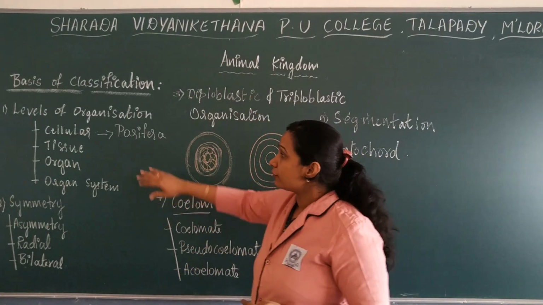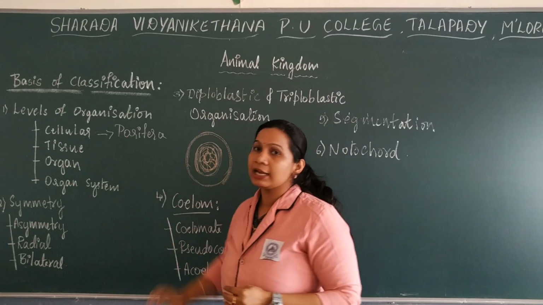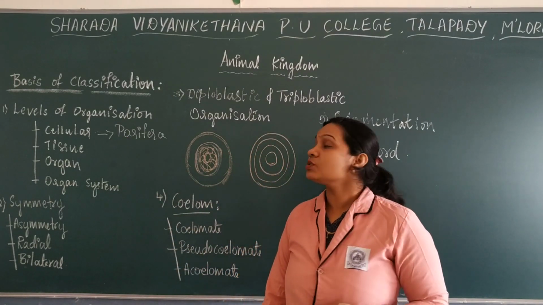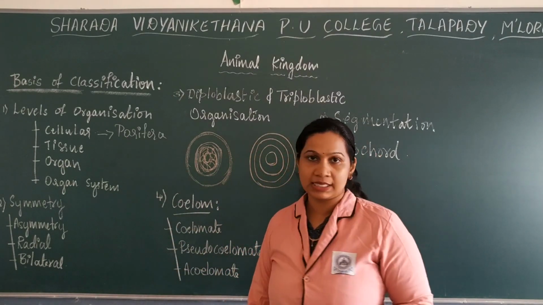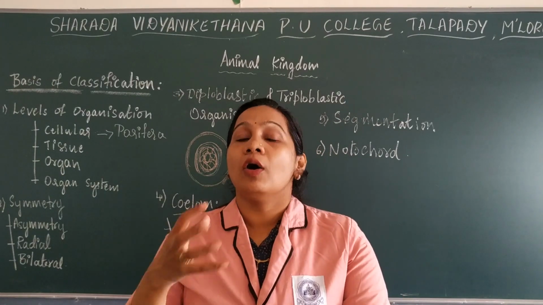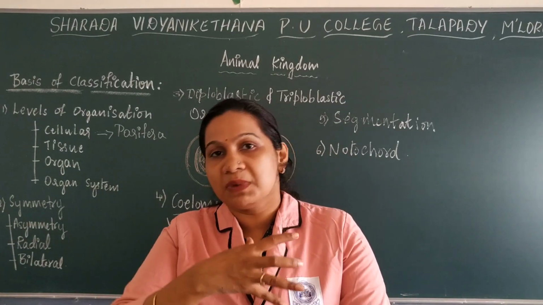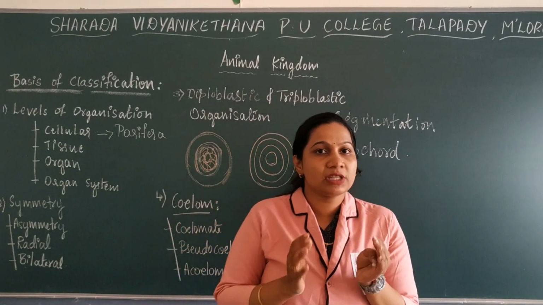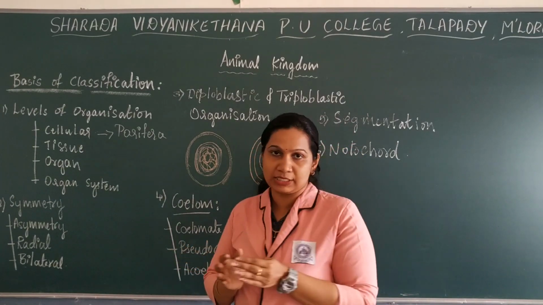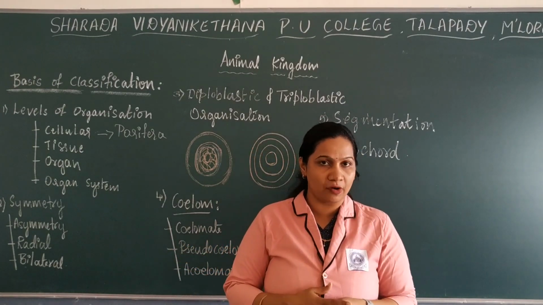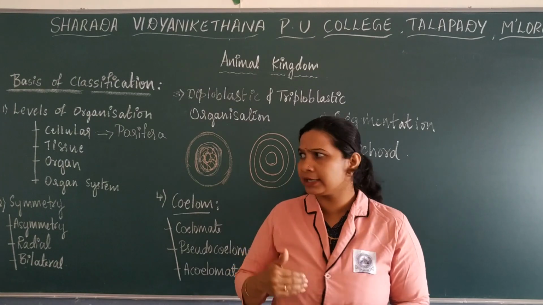So first and foremost is the cellular level of organization, where the organism's body is made up of a group of cells. That is the cellular level of organization, right?